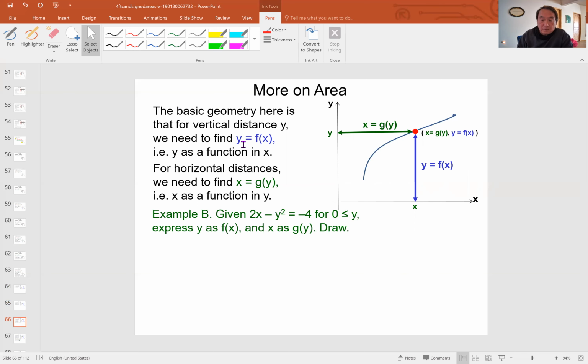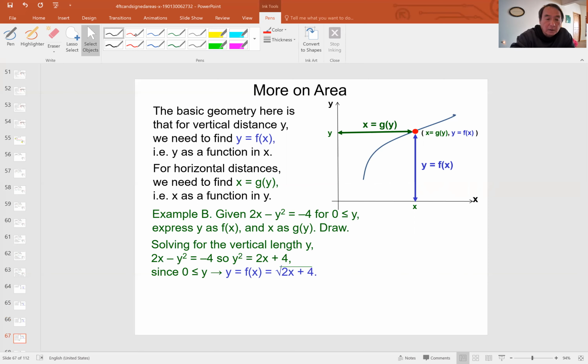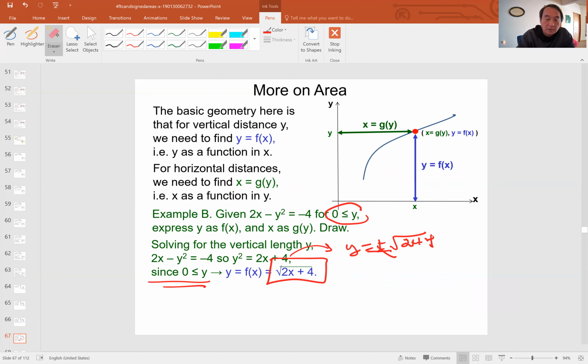So for example, here's a curve. Express y as f of x. Here's a graph of the curve. We solve y in terms of x, but you get two of them, right? You solve and get y squared, so y is equal to plus or minus the square root of x plus 4. But here it tells you y is positive, therefore it's not the negative, it's the positive.